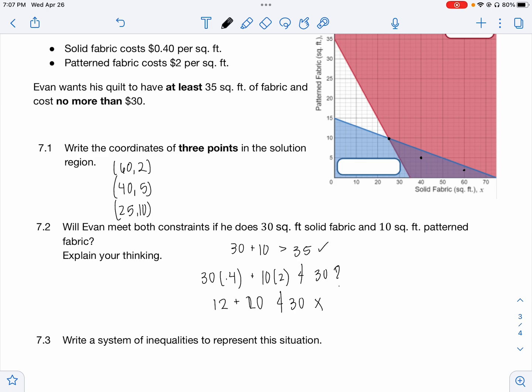So it will not. It will cost too much. We can also see that on the graph. If we go to 30 in solid fabric but 10 in pattern fabric, that will be right here on the graph, which is not in both of the shaded regions.